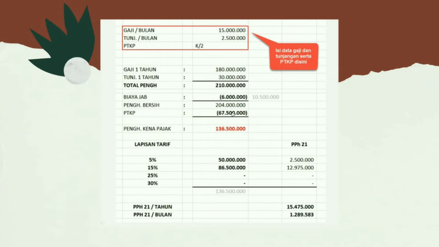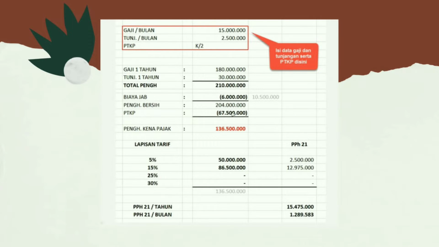So the year becomes 15 million times 12 months, which is 180 million. Then the allowance in 1 year, multiplied by 12 months, is 30 million. Then the total gross income is 210 million.